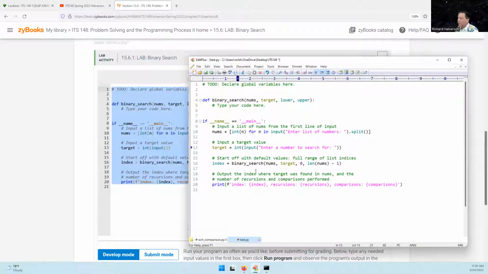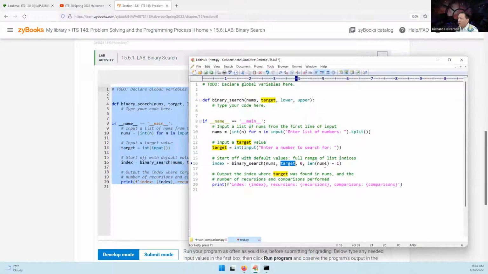This converts it into an integer, and then we're going to call the binary search program, and these are what the arguments look like. These are the numbers, the array that goes in there, this is what we're looking for, and this is the range of the indexes to look in when you're looking at the nums for the target. And then when we're done, we print all this out.